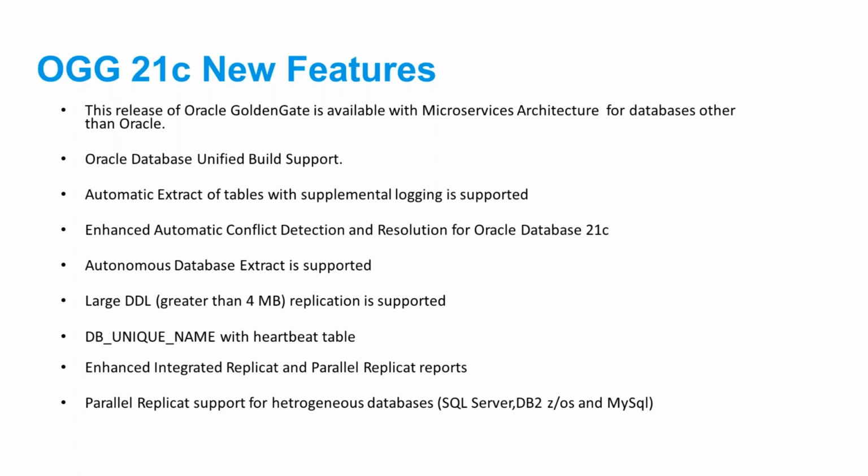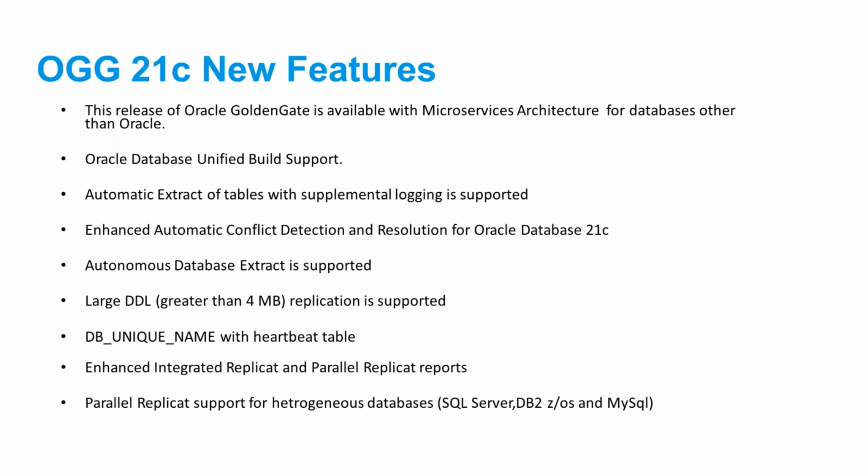Then Oracle database unified build support. I'll discuss this with you separately. What does unified build support mean? Then there is a new feature called automatic extract of tables with supplemental logging. From 21c, GoldenGate has introduced automatic extract of tables. That means you don't need to mention them in the parameter file of Oracle GoldenGate. You can just enable automatic extract of tables. I'll discuss that as well.